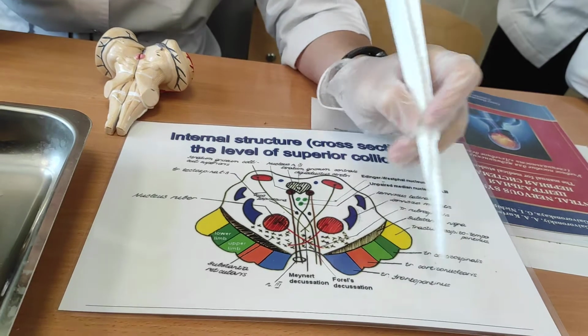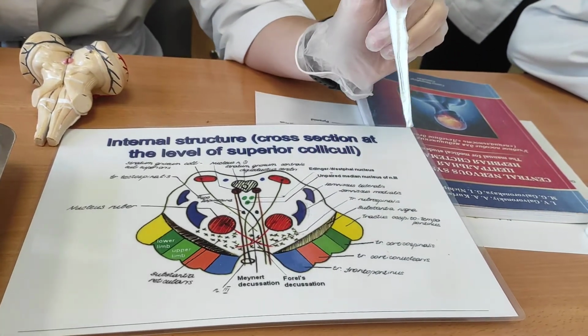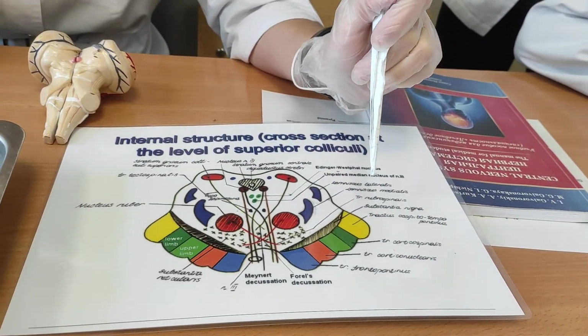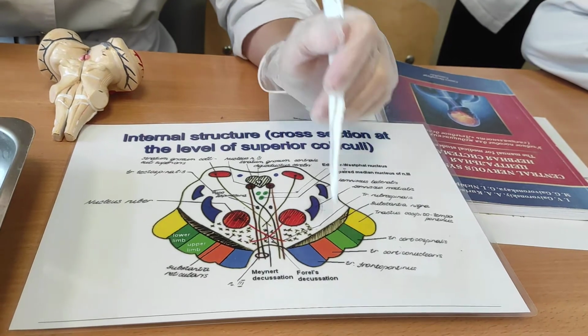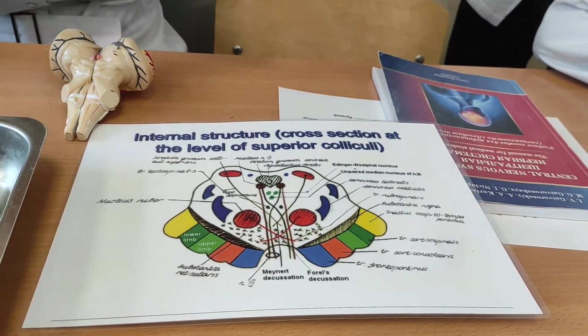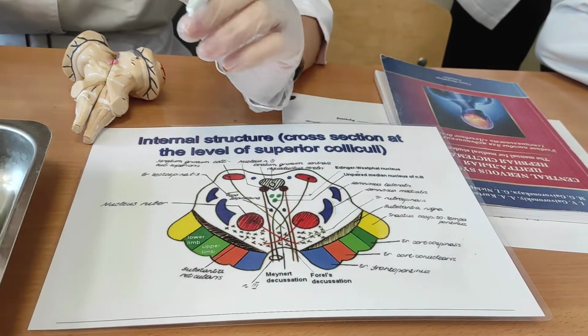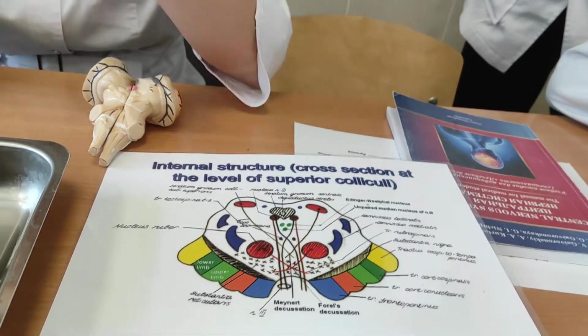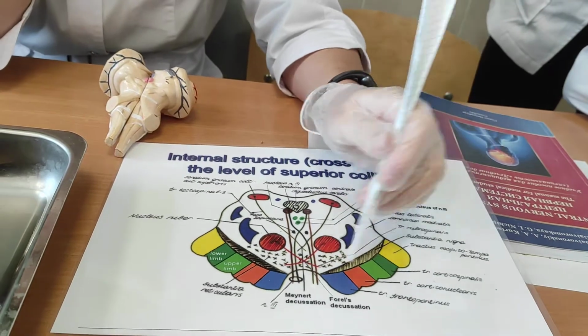Together they form the corticopontine tract, which goes inferiorly; in the pons it forms synapses with the pontine nuclei, and from the pontine nuclei the pontocerebellar tract starts.